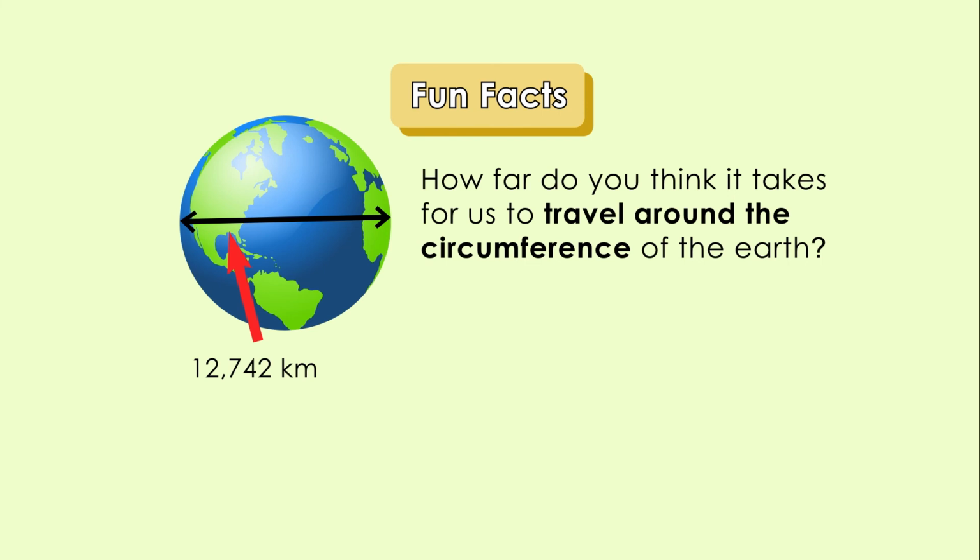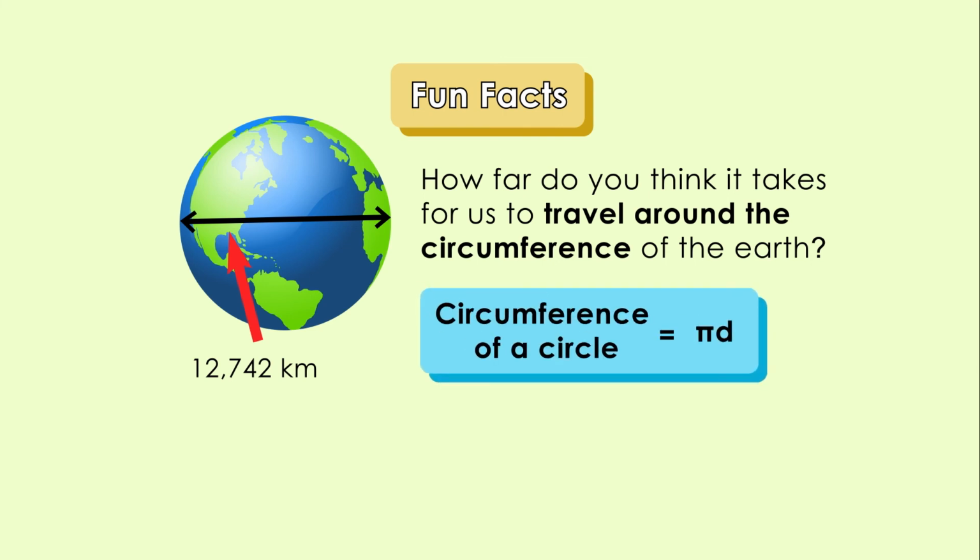We can calculate the circumference of the Earth by applying the formula we have just learned. This is pretty interesting. You can use a calculator to help you with the calculations. We know that to find the circumference of a circle, we use the formula pi d.